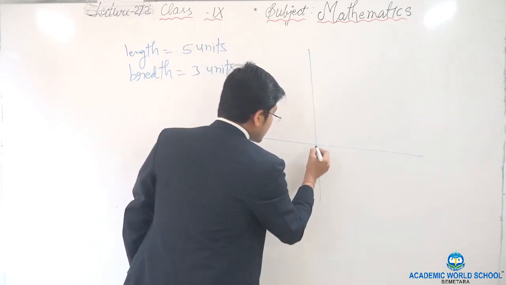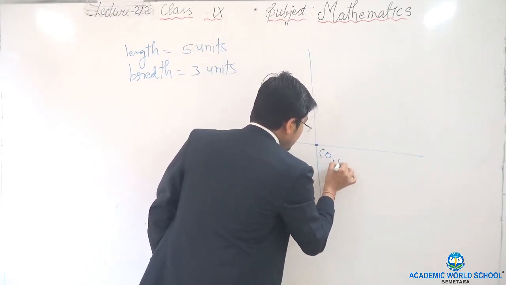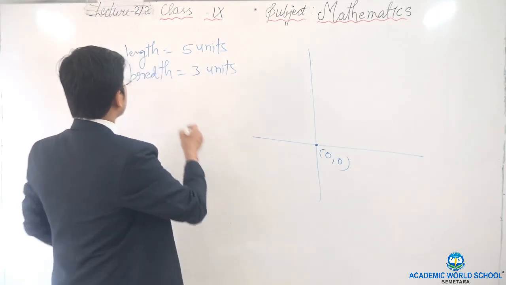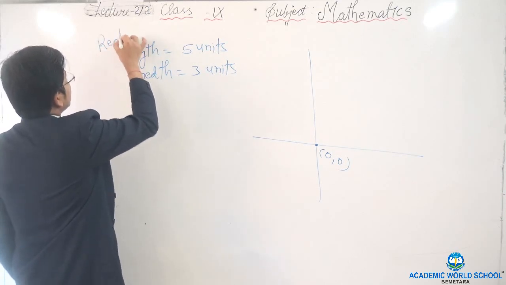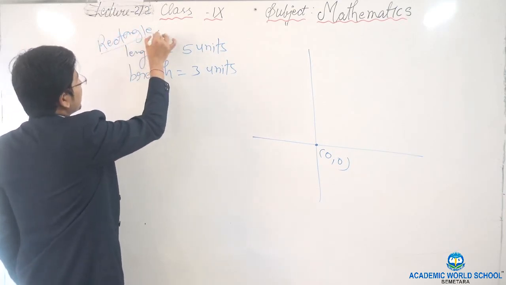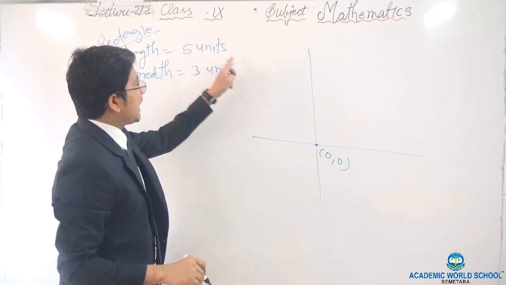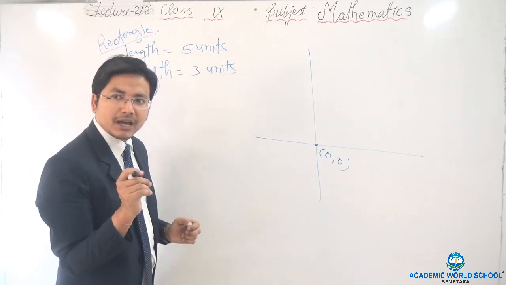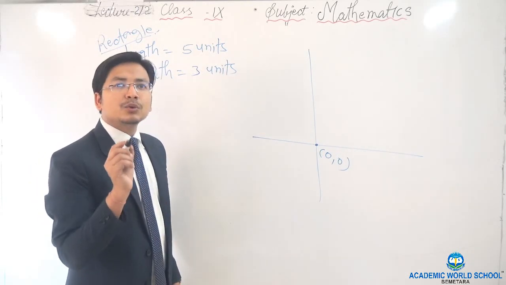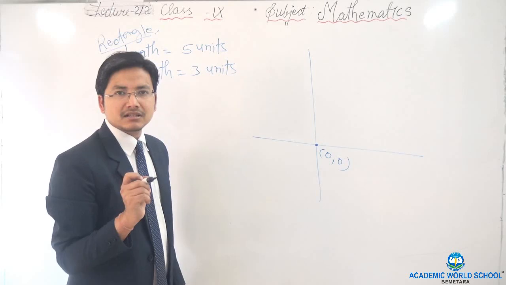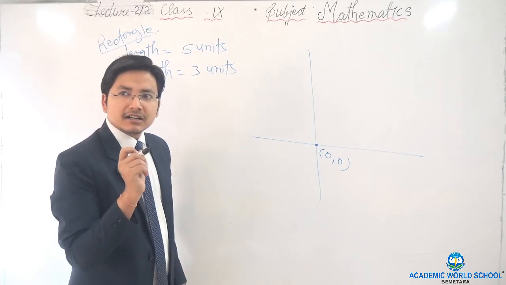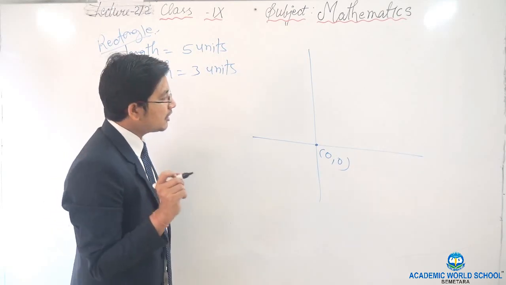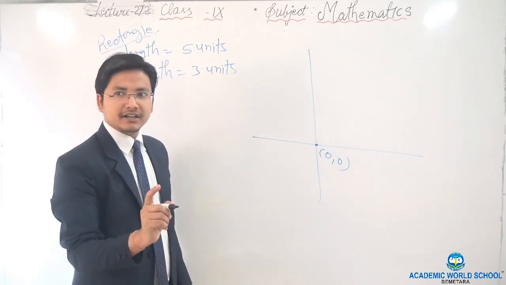We have to draw this in such a way that one of the vertices is the origin. One vertex of this rectangle, and length is 5 units. We have to draw it in such a way that one of the vertices is lying in the third quadrant.